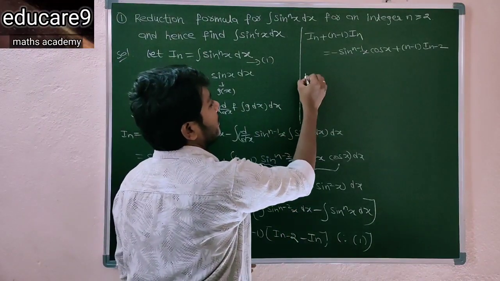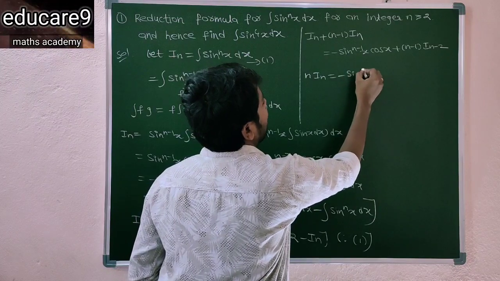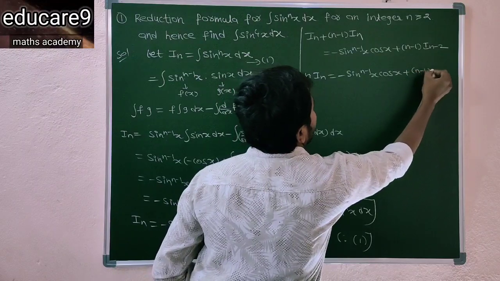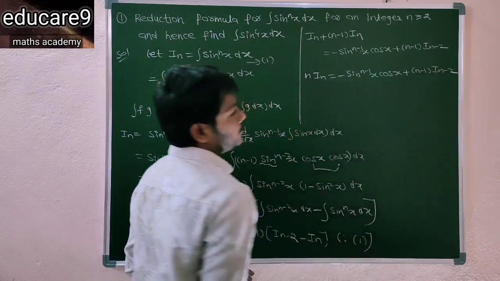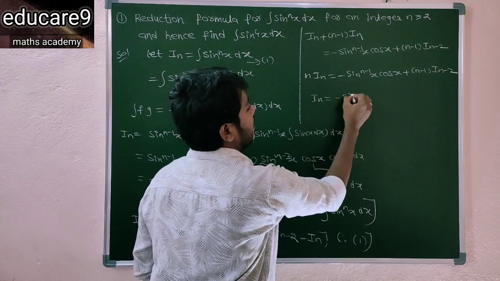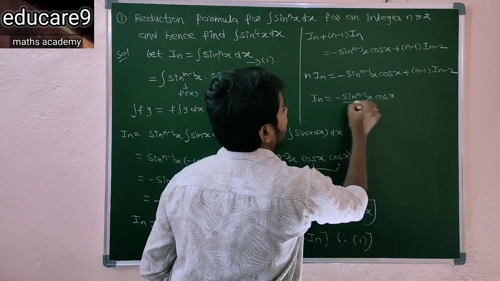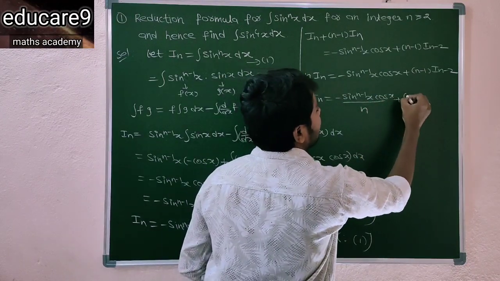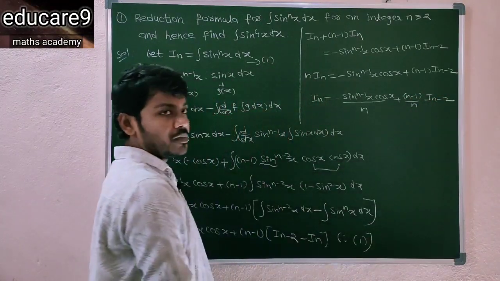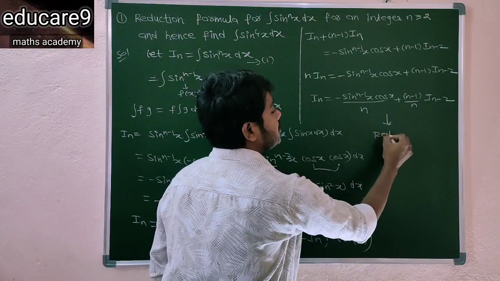You will get n into In equals to minus sin power n minus 1x cos x plus n minus 1 into In minus 2. So therefore what is In value? In is minus sin power n minus 1x cos x divided by n plus n minus 1 by n In minus 2. So this is called reduction formula.